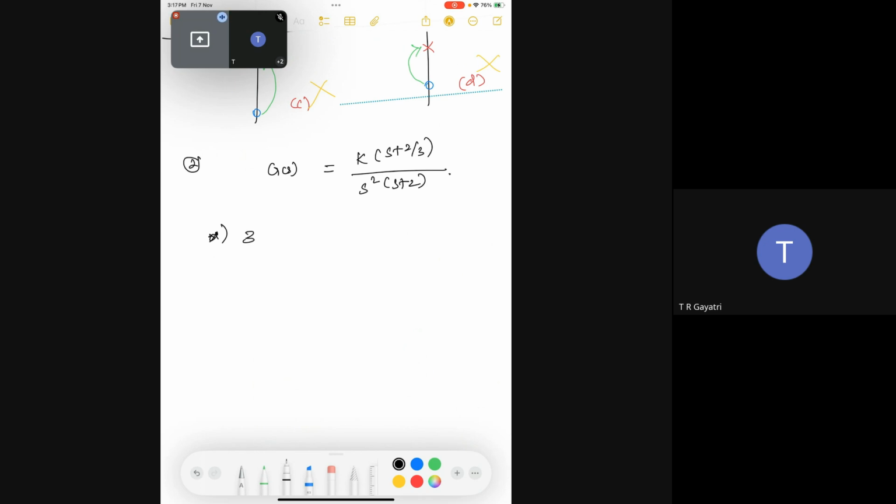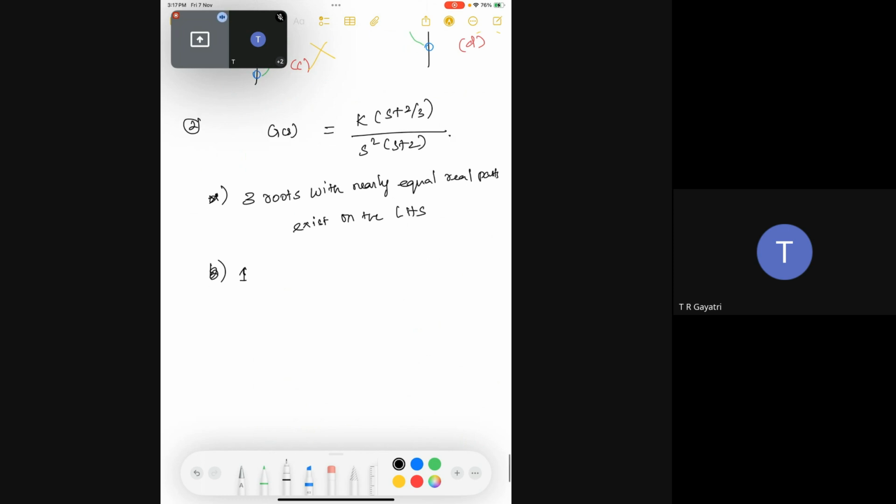Okay. The first option is three roots with nearly equal real parts exist on the left half of the S plane. Second option is one real root is in the right half of the S plane. I'm writing in shorthand notation.